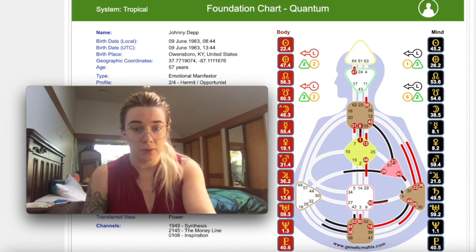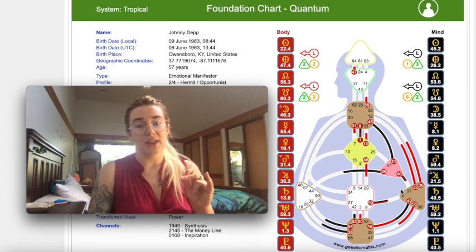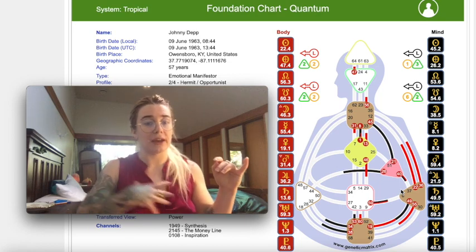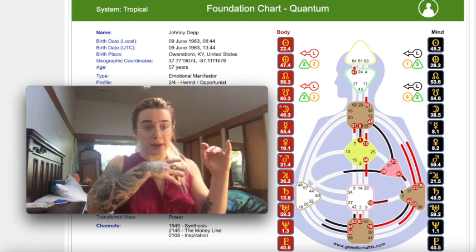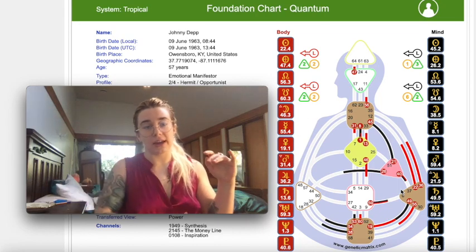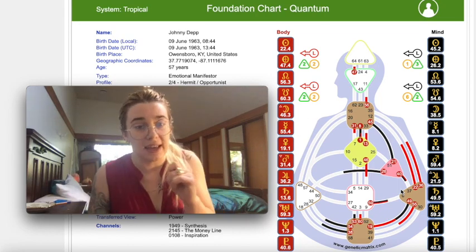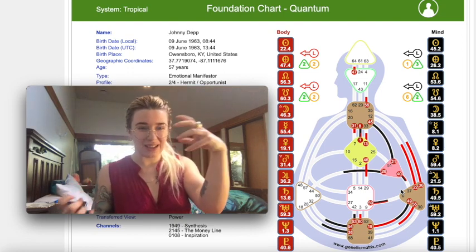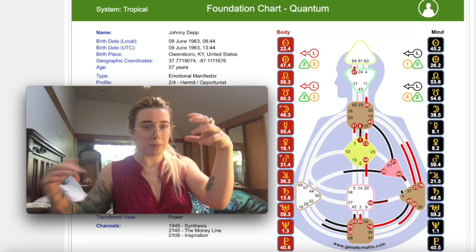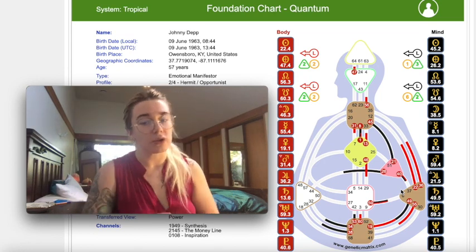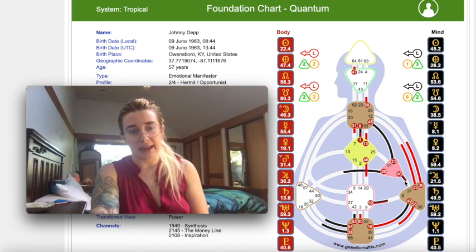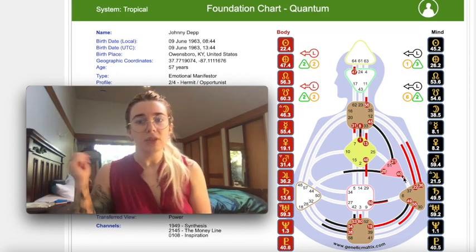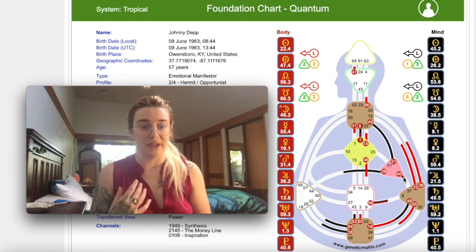So what this means is that in his heart, G, and throat, he has a channel of energy up here constantly operating. And then down here, you can't see, but in his root and in his ESP, he has another channel, but the two don't have any consistent way to create one big flow of energy. If he had this little gate here, for example, then it would. This makes him something that we call a split definition.